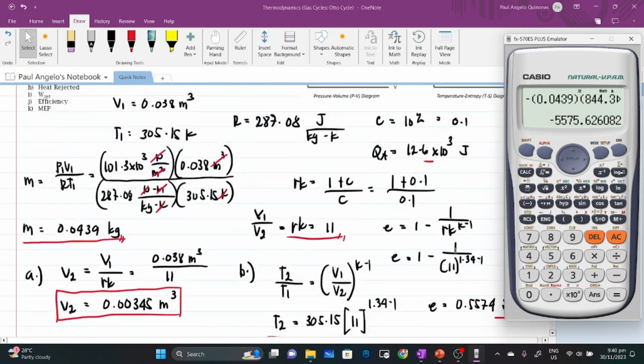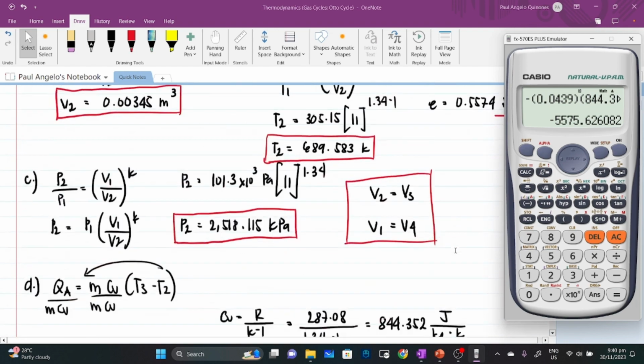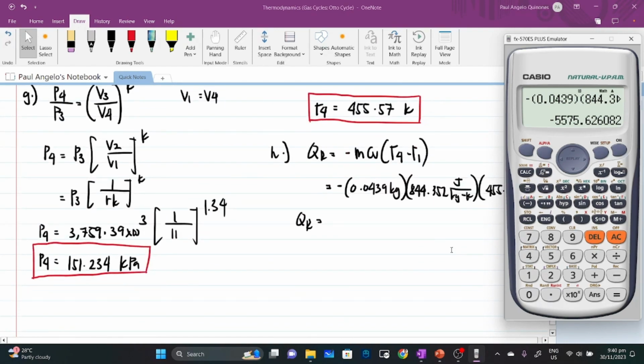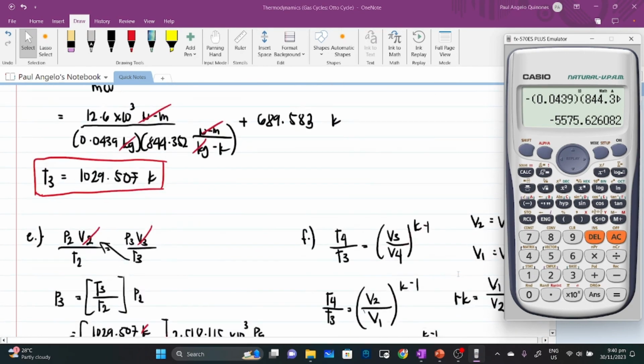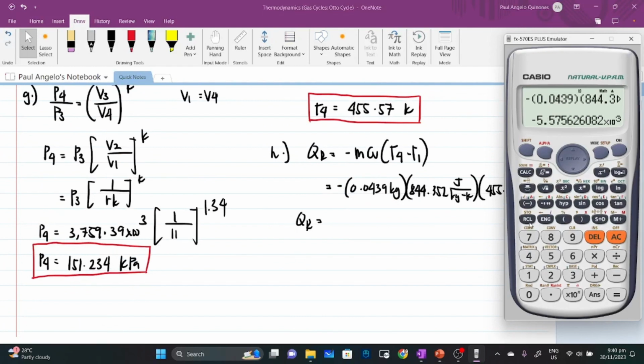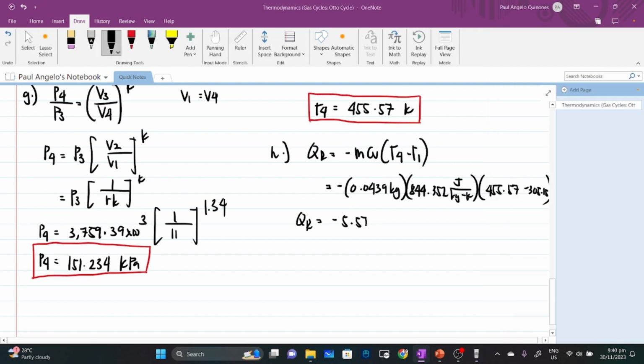Let's verify, so 305.15. Okay? Since the given is in terms of kilojoules, wherein our heat added is in kilojoules, we must express this one in kilojoules as well. So we have negative 5.575 kilojoule. Okay? So that is our heat rejected.